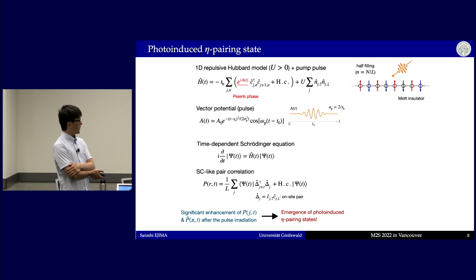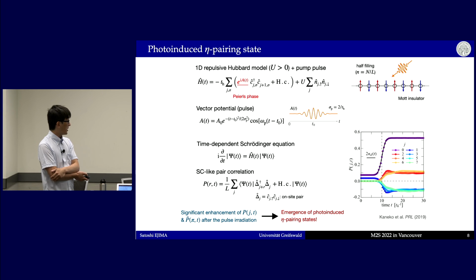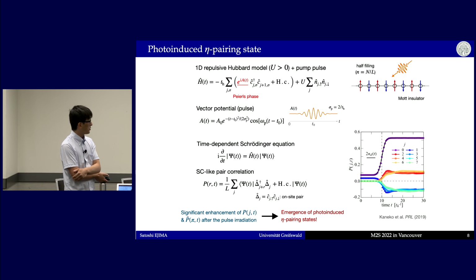And Kaneko et al. showed that by calculating superconducting-like pair correlation, significant enhancement of the correlation can be observed after the pulse irradiation. And this is an example from his paper.